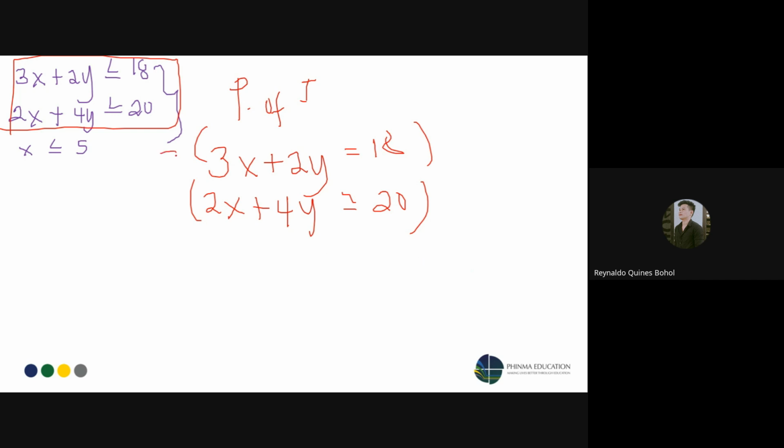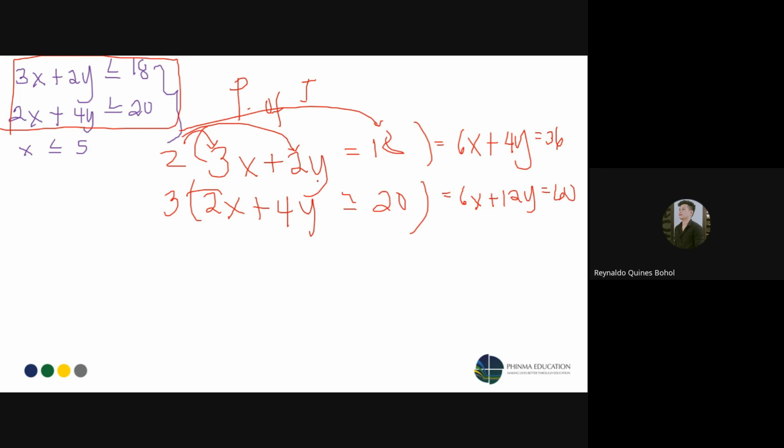So, i-try ko dito si 2 at dito naman si 3. Kasi kapag ganyan ang ginawa natin, magiging sagot ngayon dito is 6x plus 4y equals 36. Ito naman, 3 times magiging 6x na siya plus 12y equals 60, which is correct.